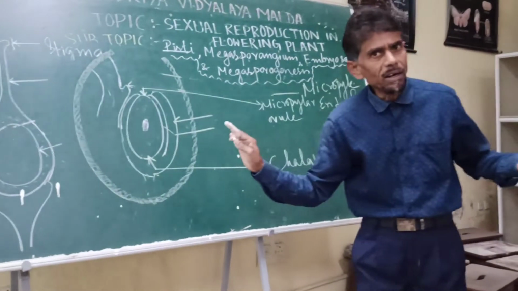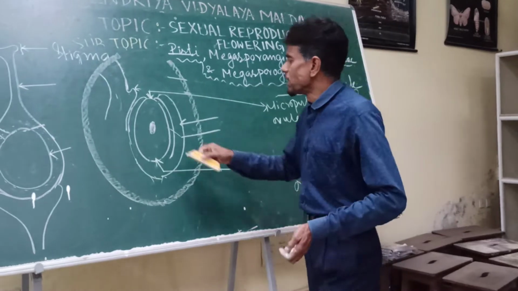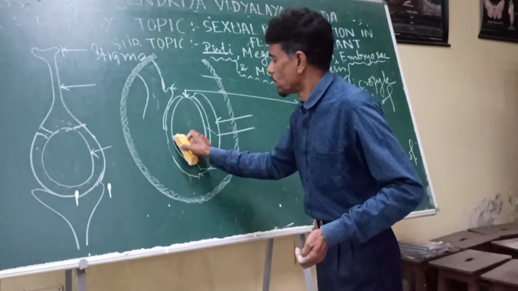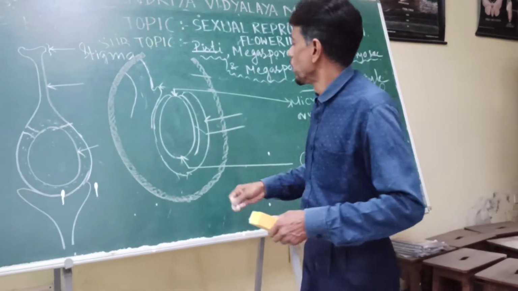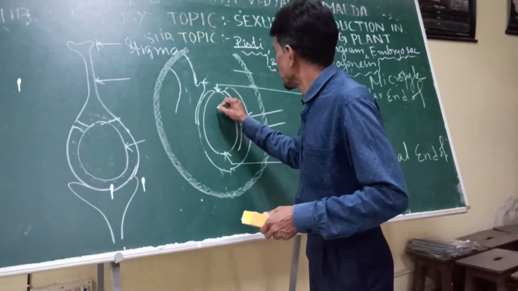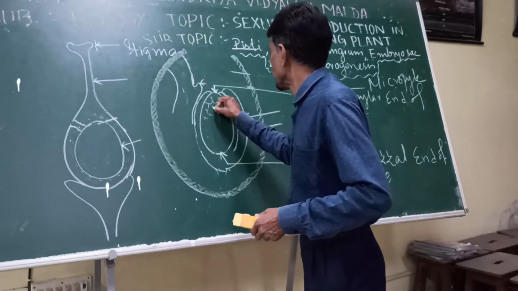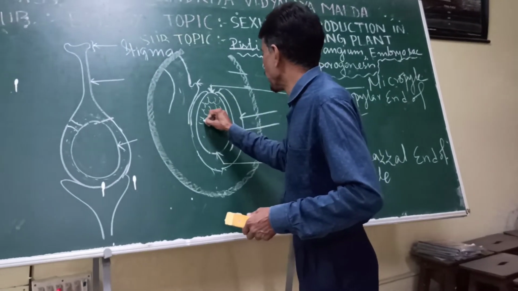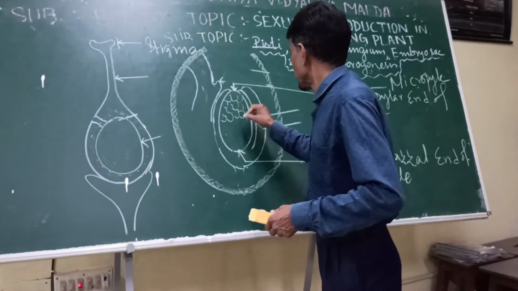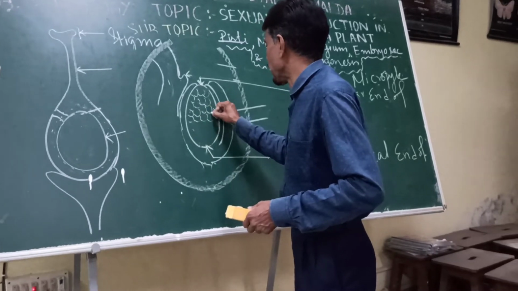Is that very clear? Now, the ovule contains groups of clusters of cells densely filled with reserved food material.